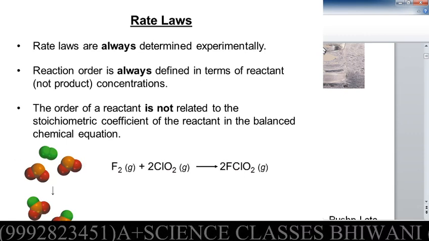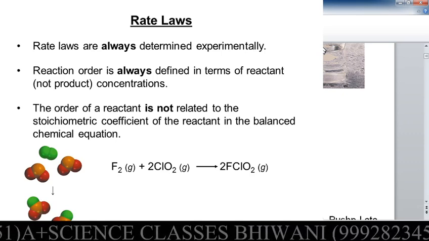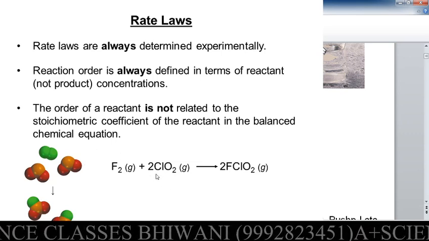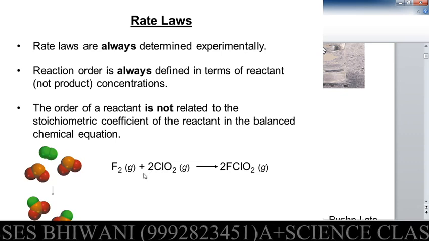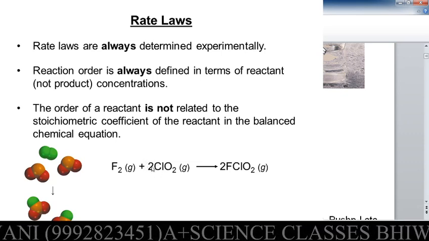As in our previous example, F2 plus 2ClO2. Here the stoichiometric coefficient is 2 for balancing. Clear? So we have to find out whether the power of the molar concentration is equal to 2 or not.